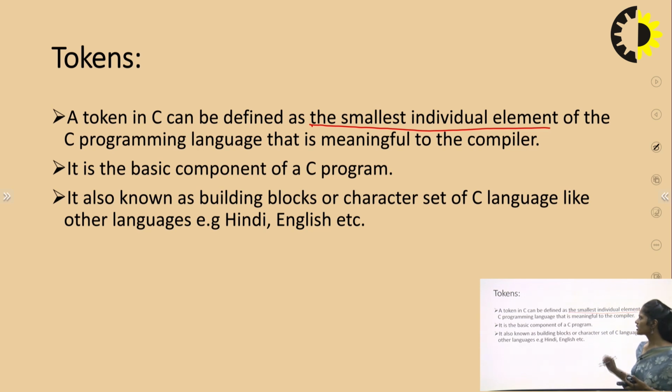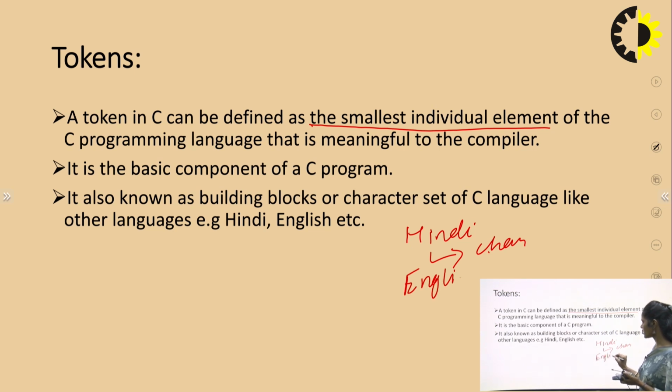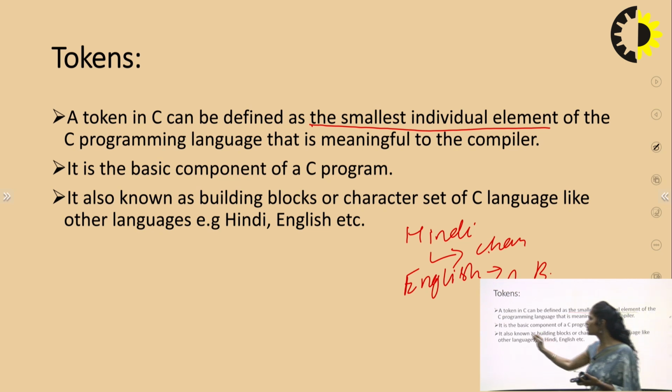The token is the smallest individual unit. What is the smallest unit in Hindi? The characters. In English? A, B, C, the character set. Similarly in C, the smallest unit is known as the token. A token is the basic component of the C program.